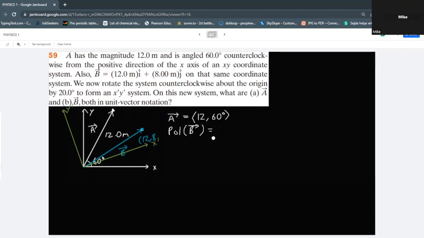Okay. Because there are interpretations where the vectors are rotated. It's confusing when the system is rotated.